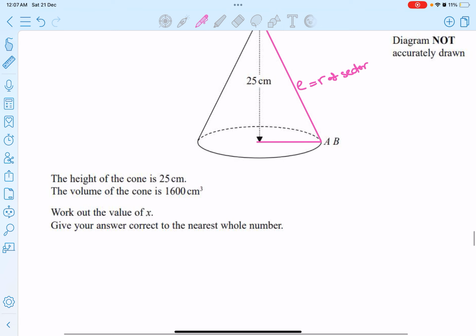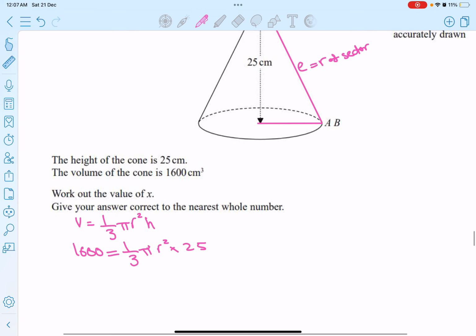So I'm going to use the volume formula. Volume is equal to 1 over 3 pi r squared h. Volume is 1,600, equals 1 over 3 pi r squared times height, which is 25.